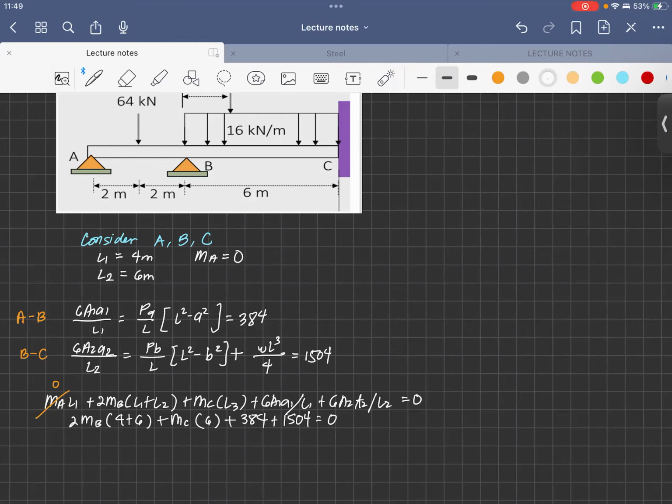So simplifying this further, we'll have 20 MB plus 6MC is equal to negative 44881. So this will be your equation 1.